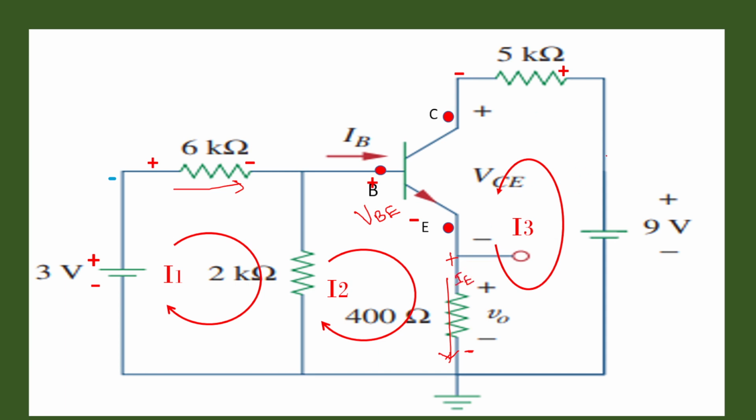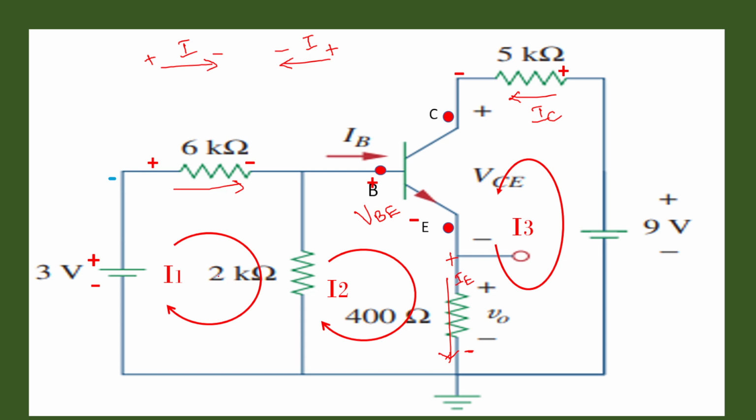Similarly, the IC current is flowing in this direction, which means this is at the higher potential, so this is positive and this is negative. Whenever any current flows from one point to the other, the entering point is positive and the leaving point is negative. Like that, you should always understand how to mark the polarity.